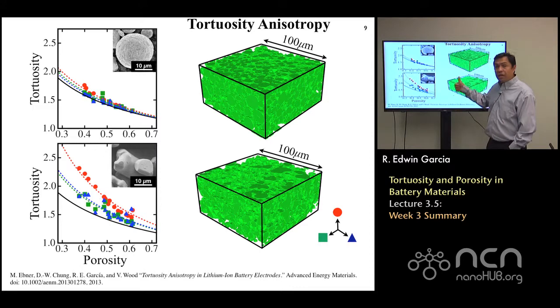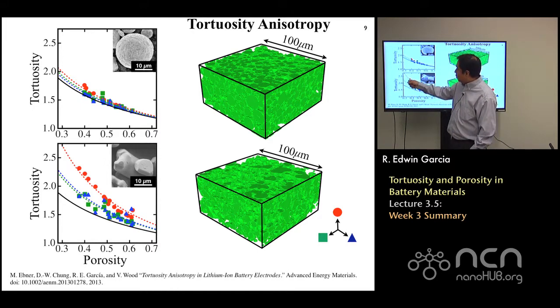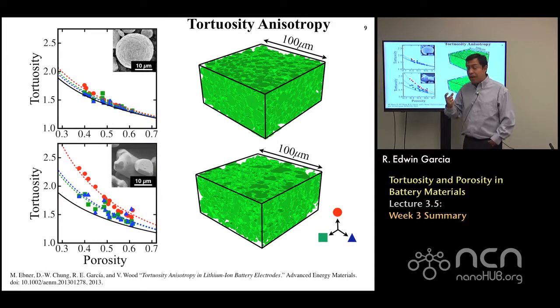So outside the plane, which is the direction that people typically use for better response, could have a tortuosity that could be much larger than the Bridgman ideal, and even that anisotropy will alter the in-plane tortuosity within the cell.